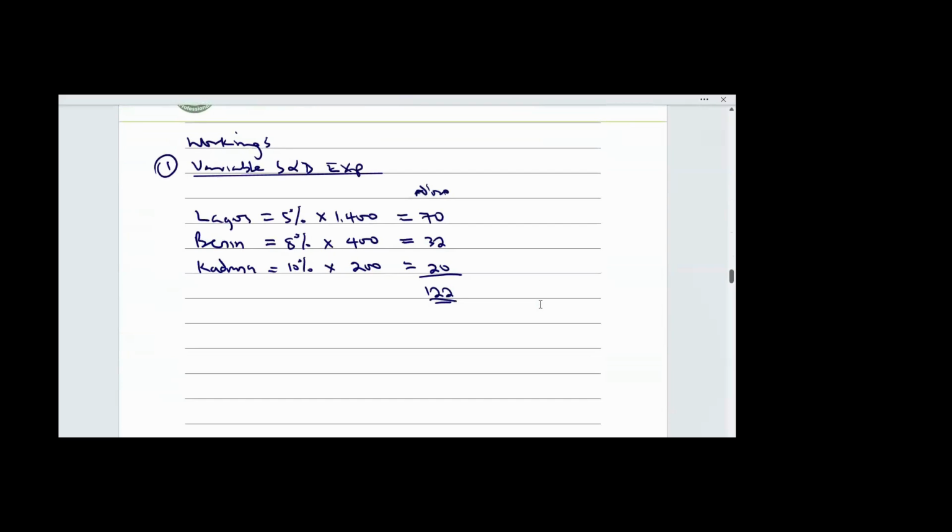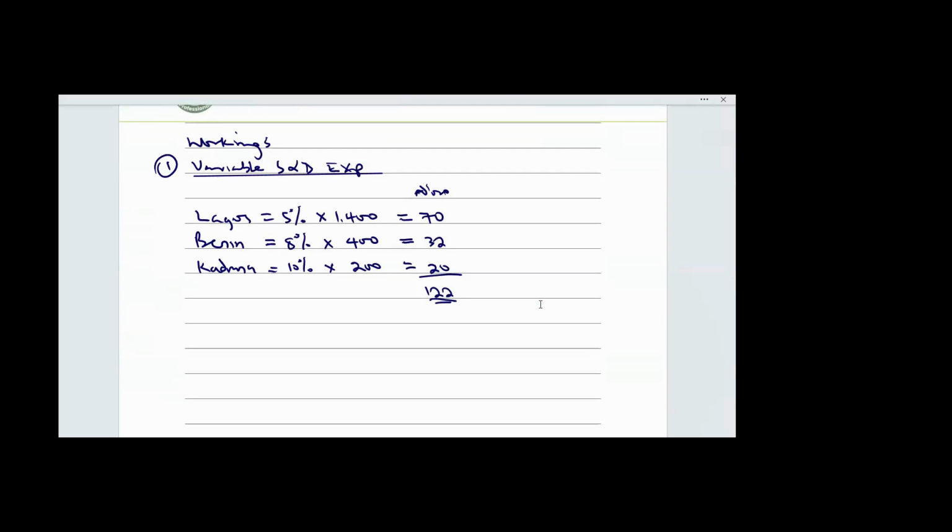Now, when you are faced with this kind of a question, how do you apportion your fixed overhead? You are going to look for something that is common to all the segments. If you can't find anything that is common to them, you can use the sales value, if the examiner did not tell you how to apportion it.